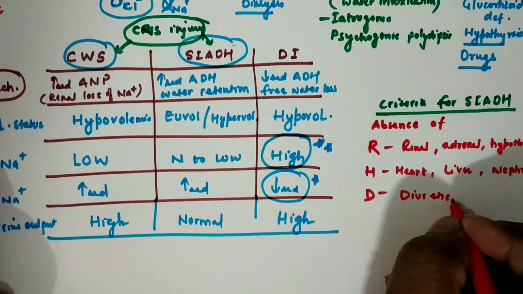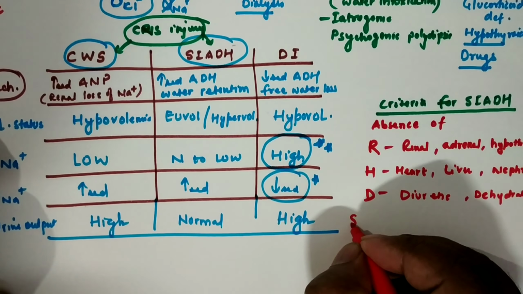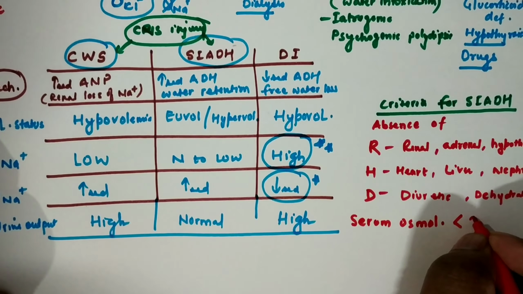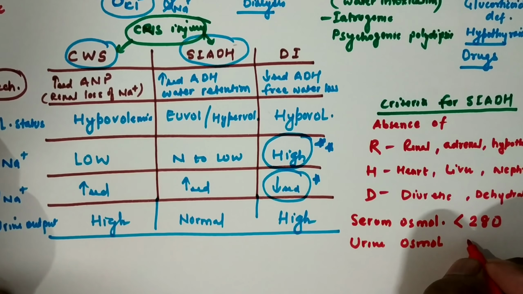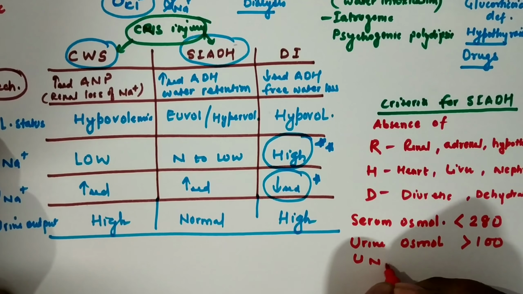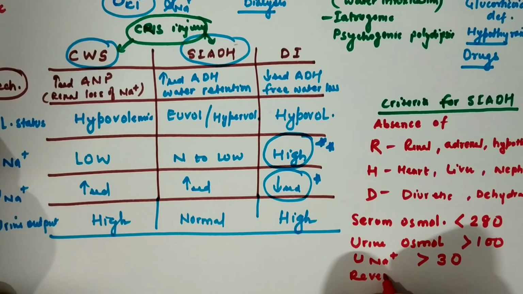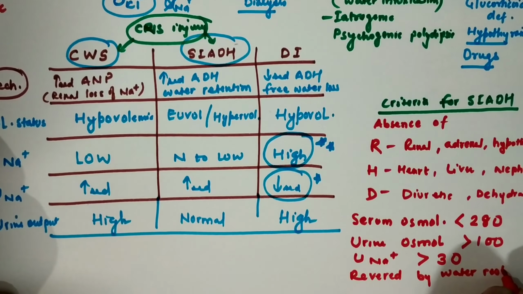This is a diagnosis of exclusion. Diuretics and dehydration must not be there. Serum osmolarity is less than 280, urinary osmolarity is more than 100, and urinary sodium is more than 30, and this condition is reversed by water restriction.